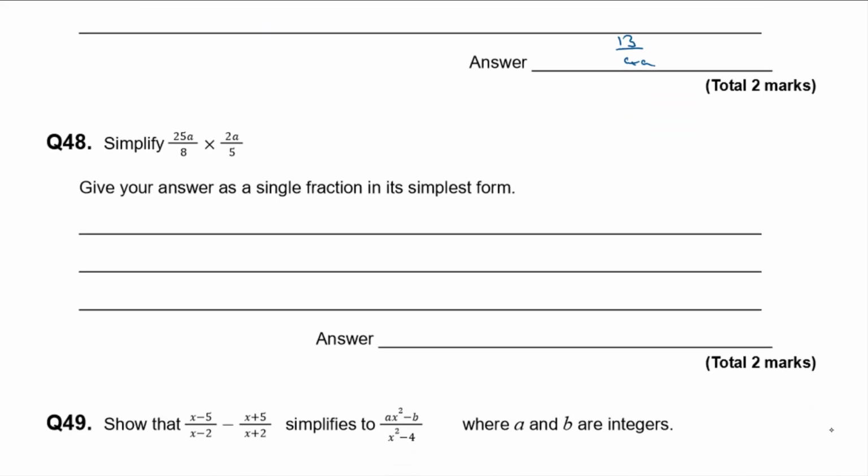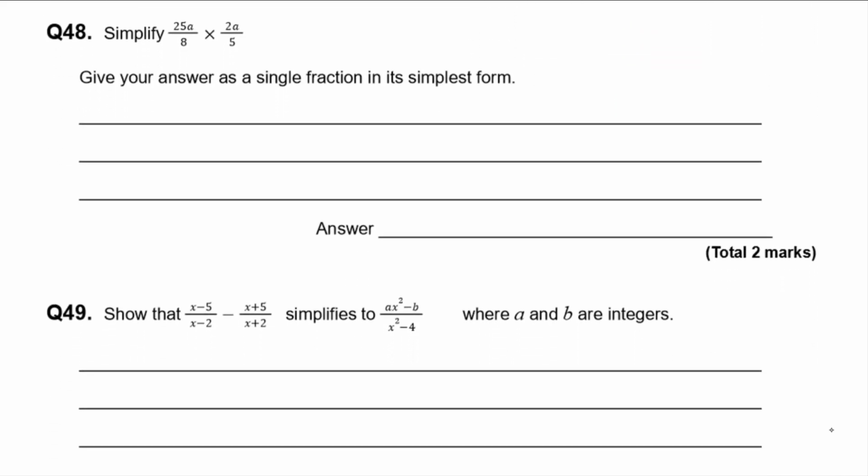Okay. Right, question 48, simplify 25a over 8 times 2a over 5. Now again, fraction multiplication, you look to cancel top and bottom, don't you? And then you multiply. That's what I would do. So we're going to do the same thing here. Can I just see if we can simplify it first? So can you see I've got an 8 and a 2 there, both of those divisible by 2.